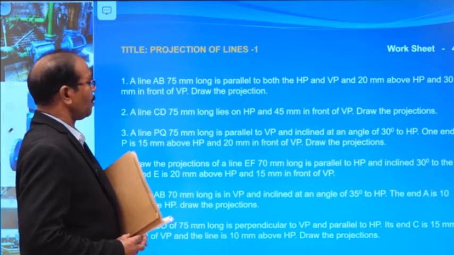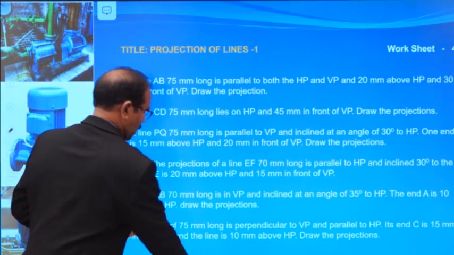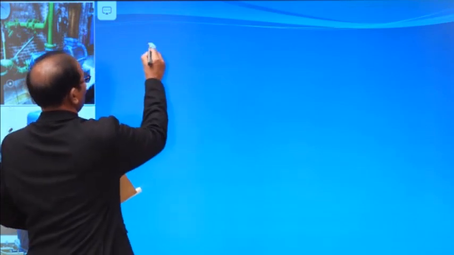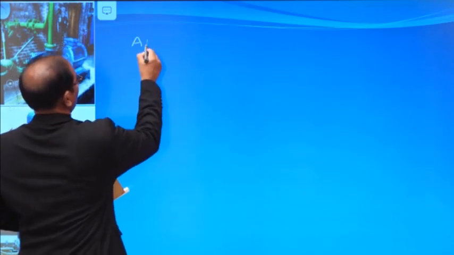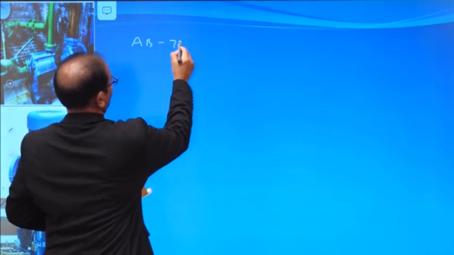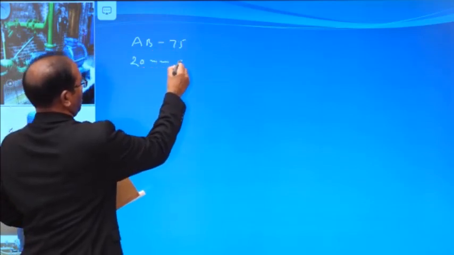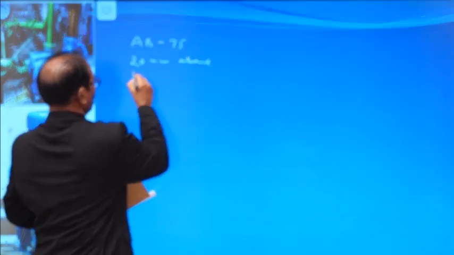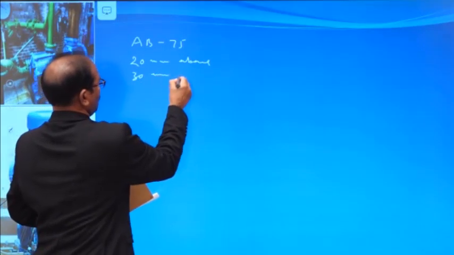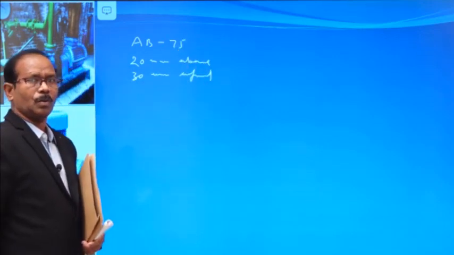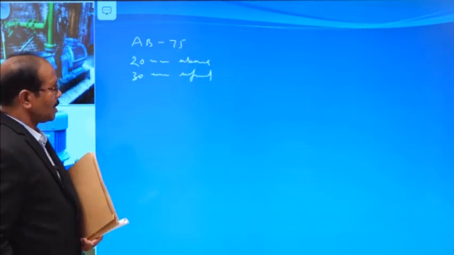AB is 75, 20 mm above, 30 mm in front. How to draw these projections?